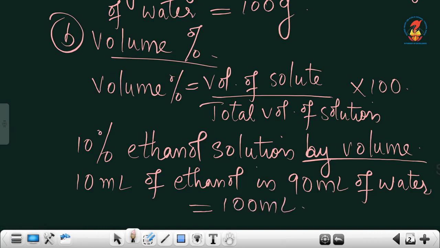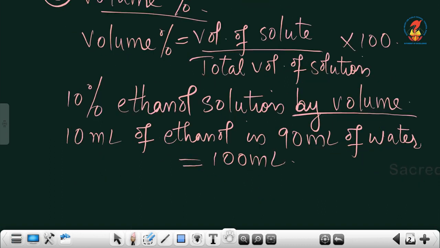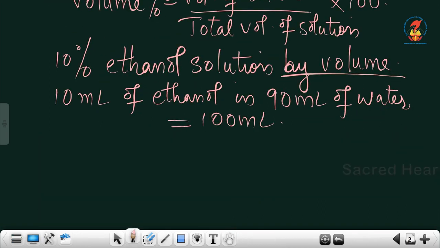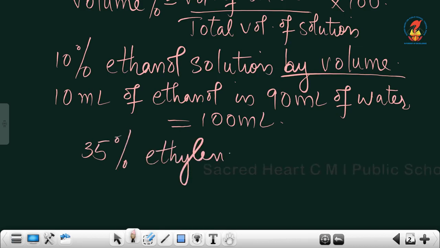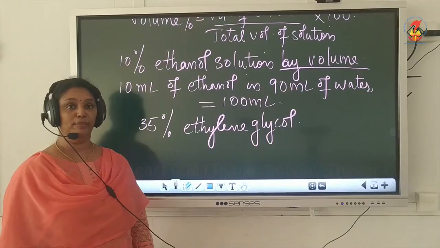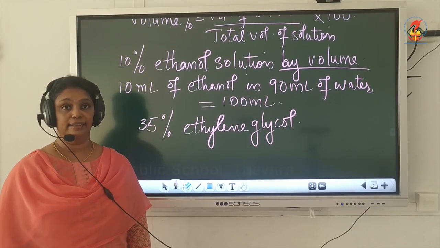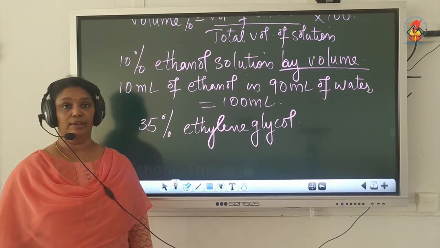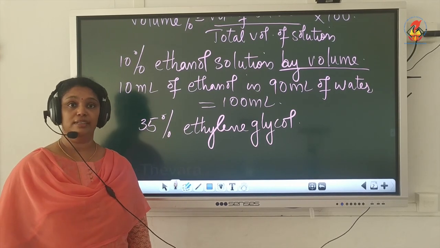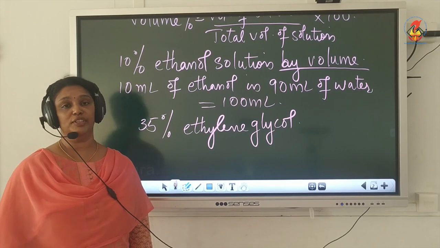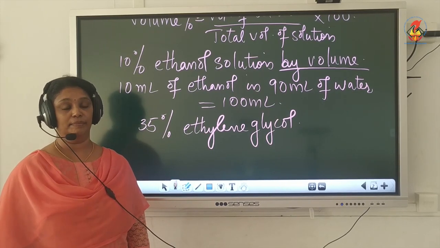Now another example for this is 35% ethylene glycol. 35% ethylene glycol means 35 ml of ethylene glycol in 100 minus 35 ml of water, so that the total volume of the solution is 100 ml.